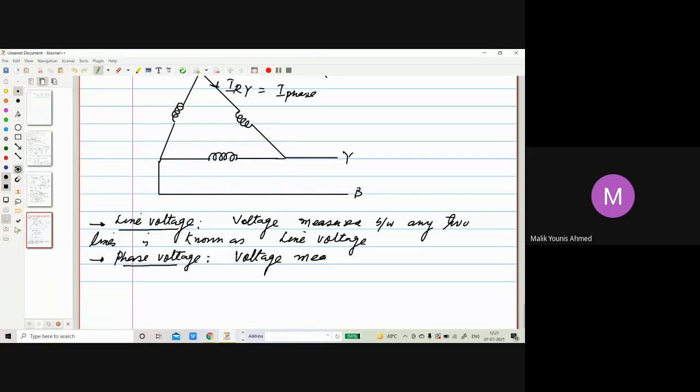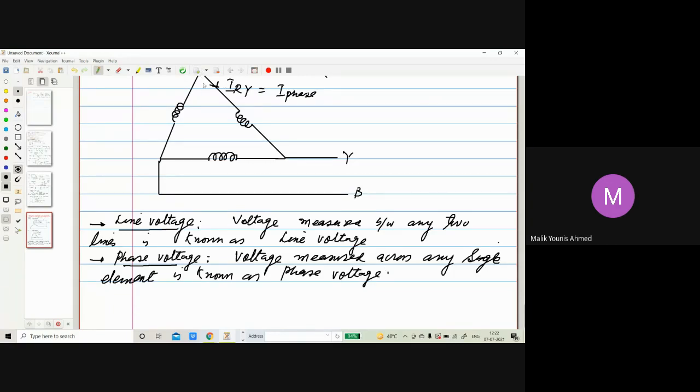Voltage measured across any single element is known as phase voltage. It's very simple. You have studied them.